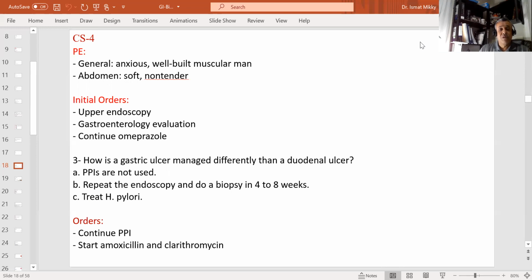The duodenal ulcer is not associated with cancer. So the endoscopy will be repeated for the gastric ulcer to be sure it has resolved and there is no cancer.